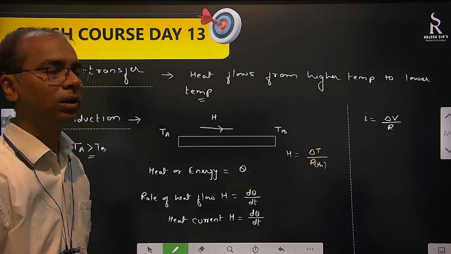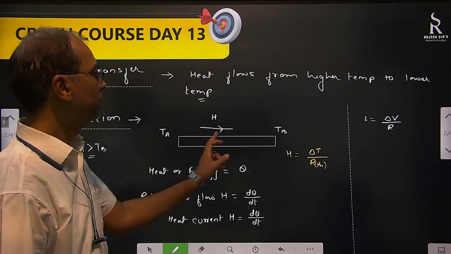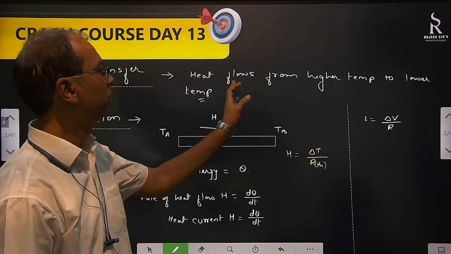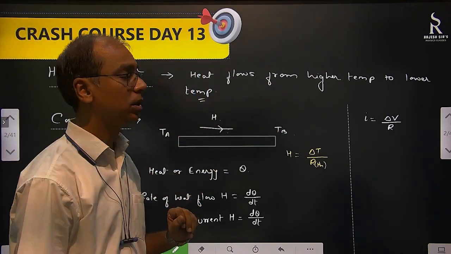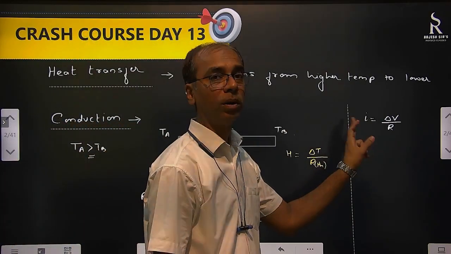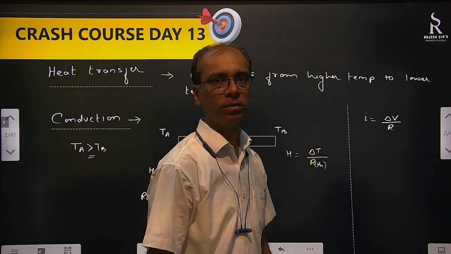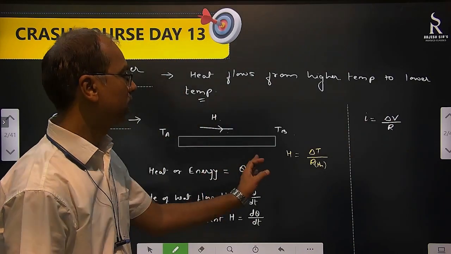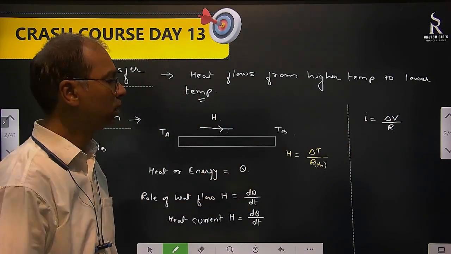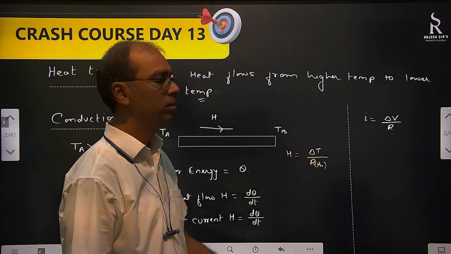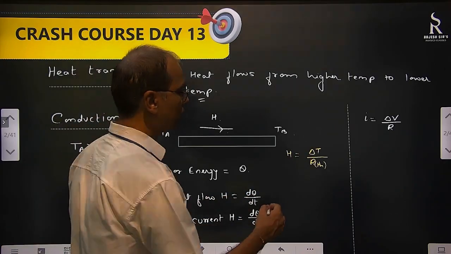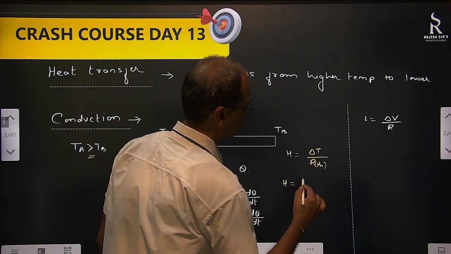So this depends on the temperature difference. Heat flows from higher temperature to lower temperature, just as current flows from higher potential to lower potential. So H is equal to delta T by resistance. Delta T is what here? TA minus TB.